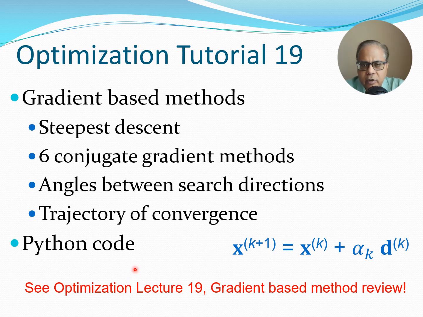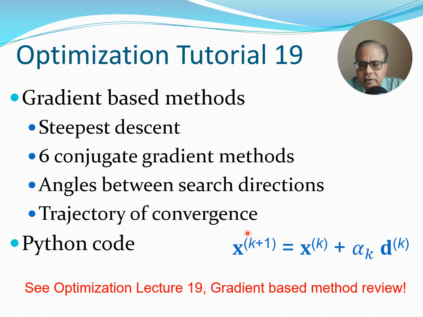And we are going to do all this using Python code. You should also take a look at optimization lecture 19, which corresponds to this tutorial, and then you will be able to figure out some more aspects about this set of methods.